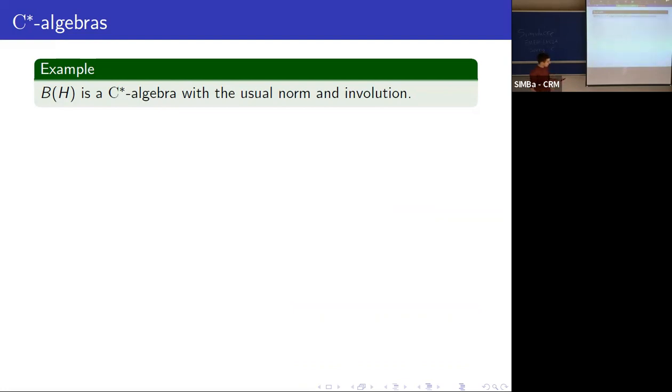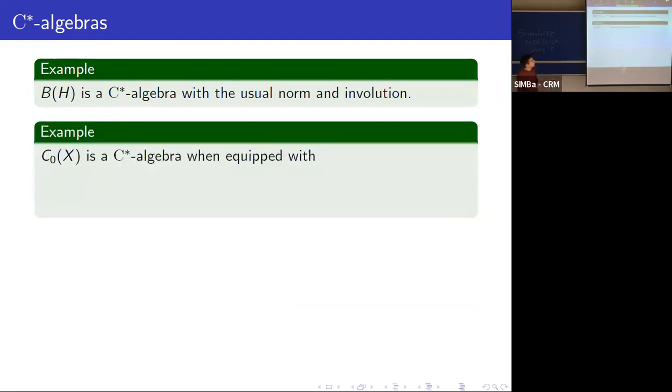And these examples I'm not going to use in this talk, but the one that I will be using throughout is this. Mainly, if you take a locally compact Hausdorff space, you can consider the algebra of continuous functions from X to C that vanish at infinity. For a compact space, this is just all continuous functions from X to C. And this is an algebra with pointwise addition and pointwise product.